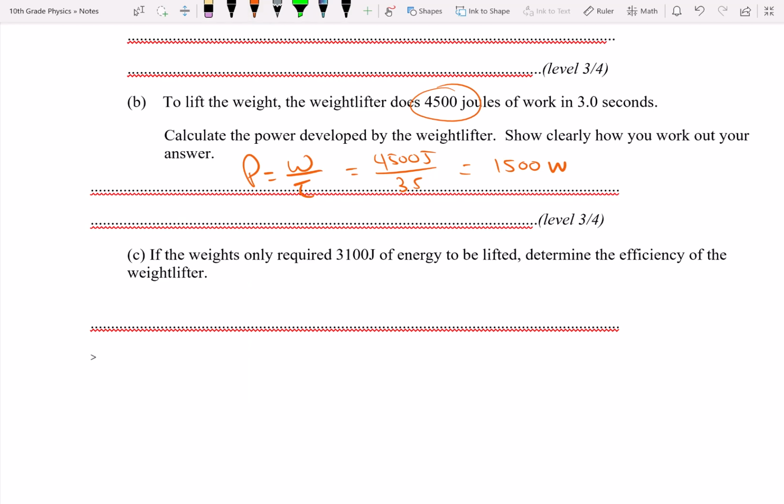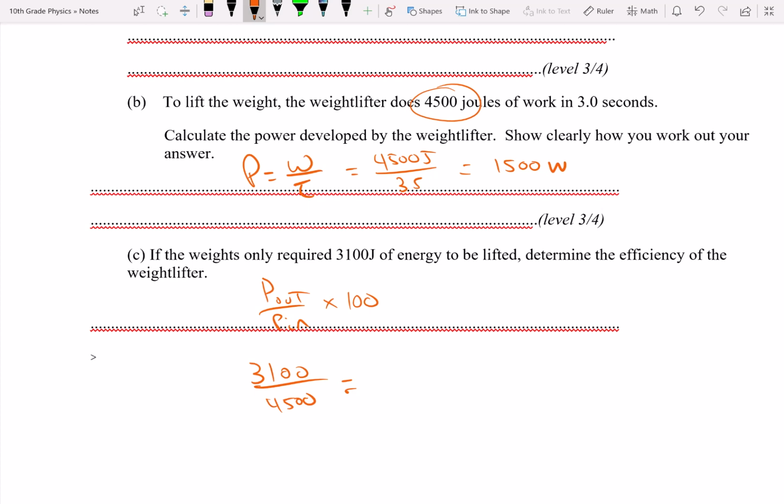If the weight only required 3,100 joules of energy to be lifted, determine the efficiency of the weightlifter. So efficiency is energy out over energy in, times 100, right? It only required 3,100. He had to put in 4,500, right?